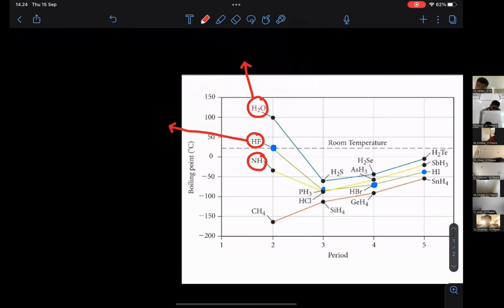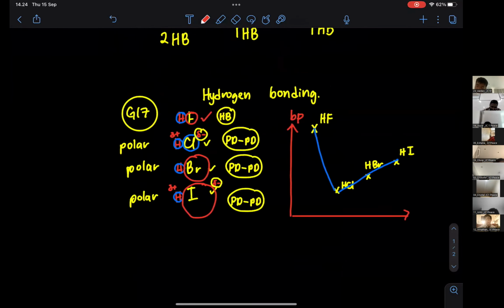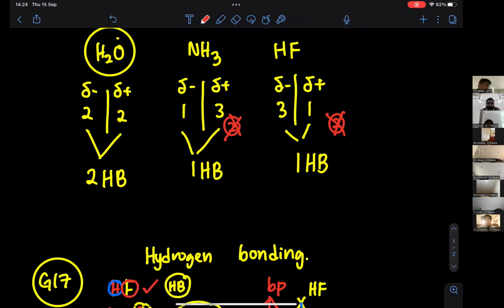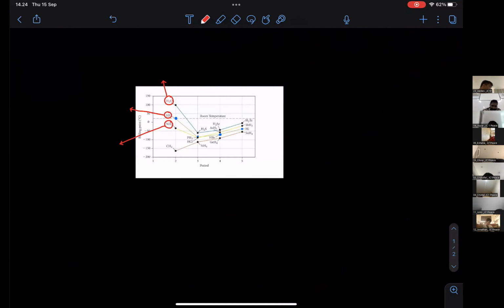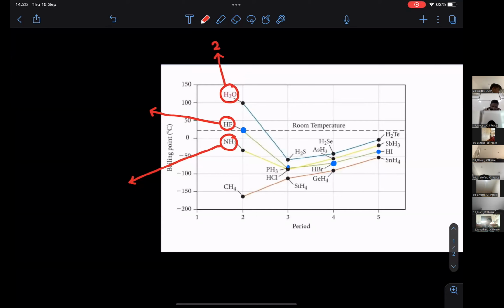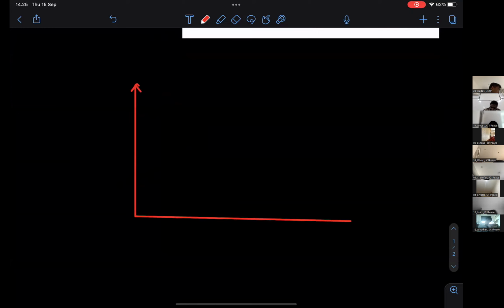Two, yes. So on average water can form two, HF can form one, and NH3 can form one. Now let me draw separately the boiling points of HF, H2O, and ammonia.